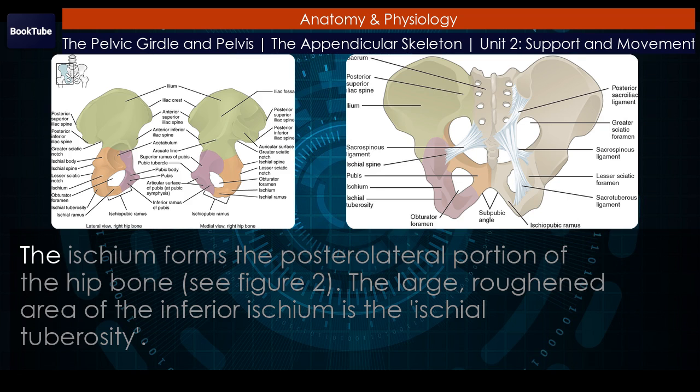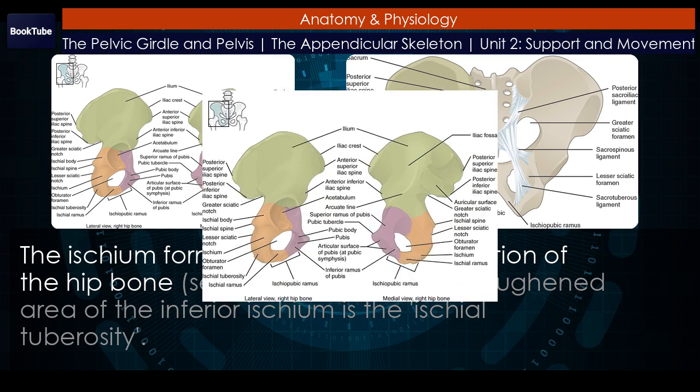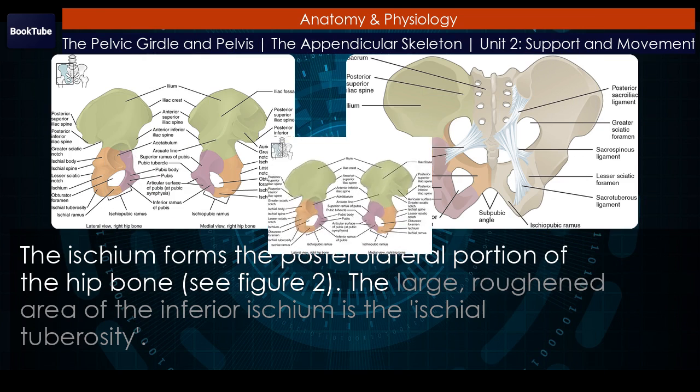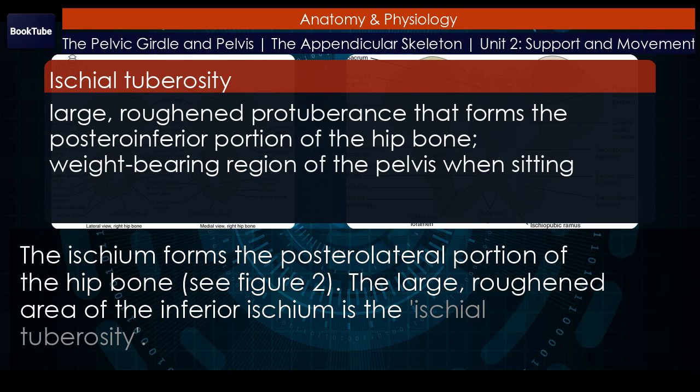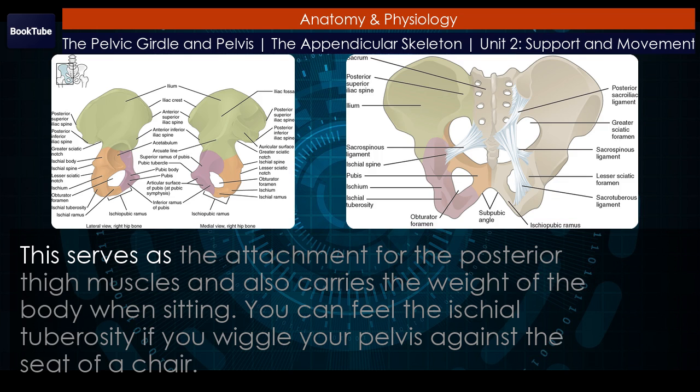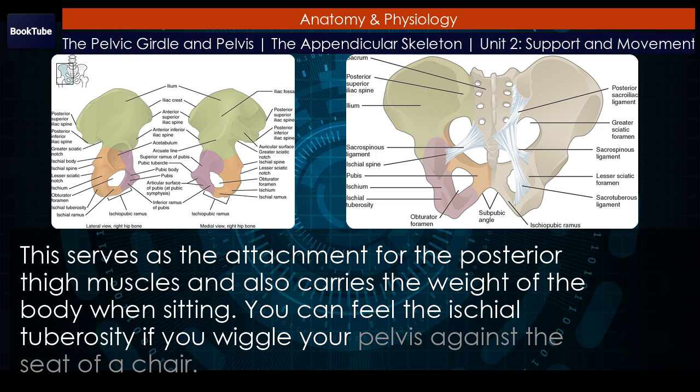Ischium. The ischium forms the posterolateral portion of the hip bone. See Figure 2. The large, roughened area of the inferior ischium is the ischial tuberosity. This serves as the attachment for the posterior thigh muscles and also carries the weight of the body when sitting. You can feel the ischial tuberosity if you wiggle your pelvis against the seat of a chair.